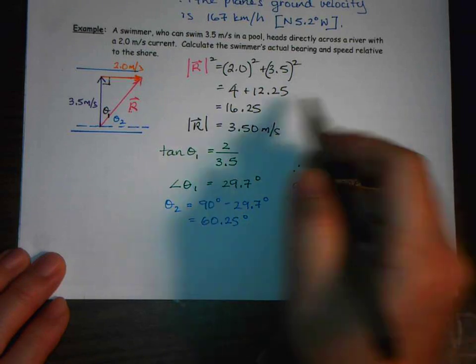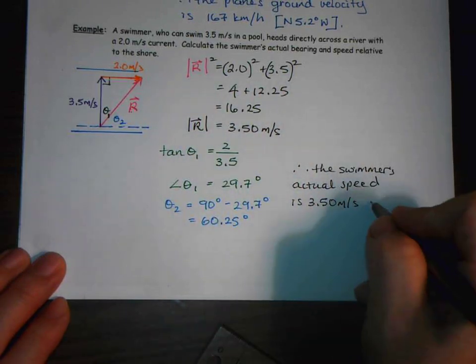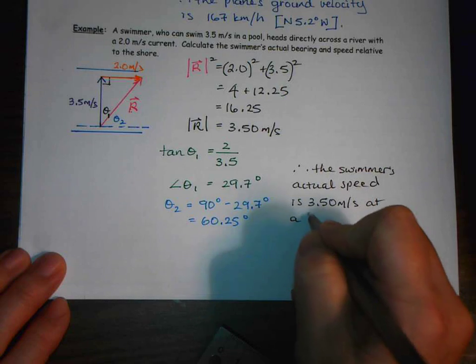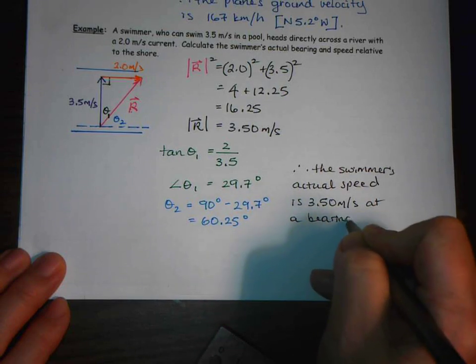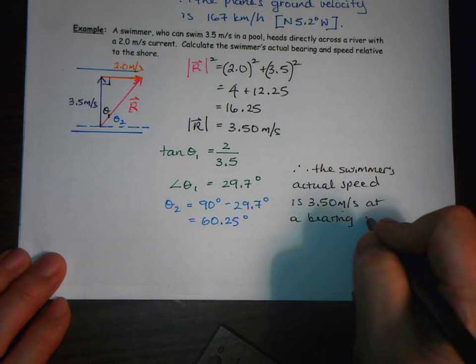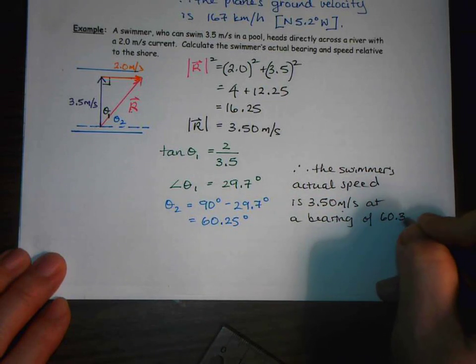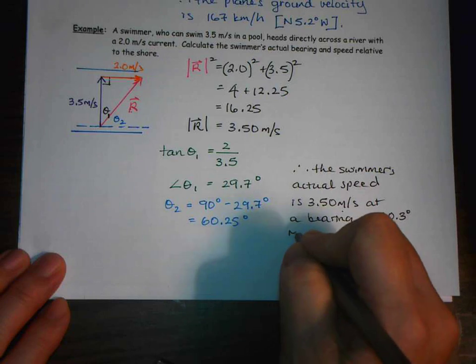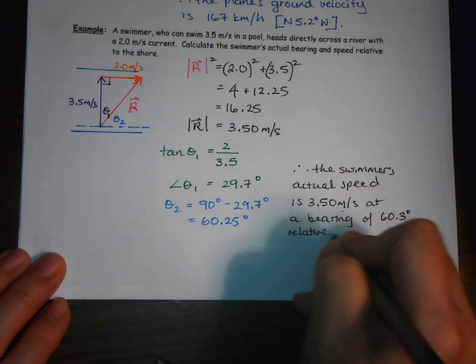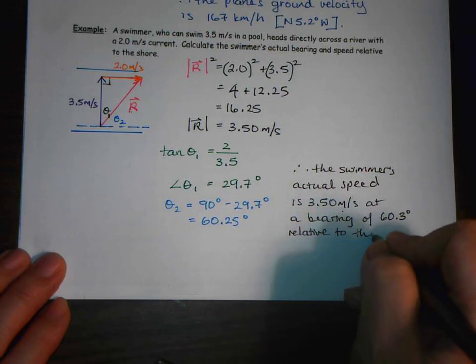The bearing relative to shore is at a bearing of 60.3 degrees relative to the shore.